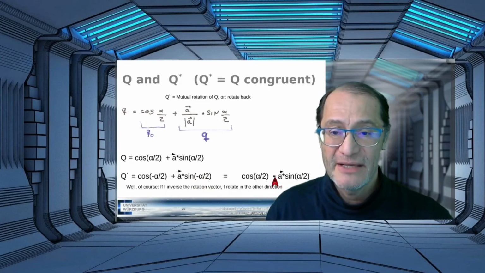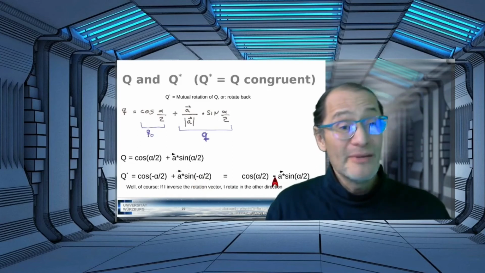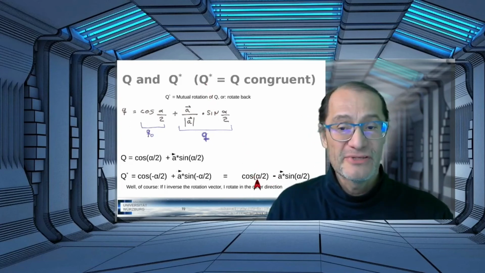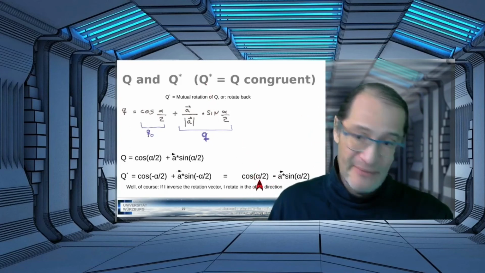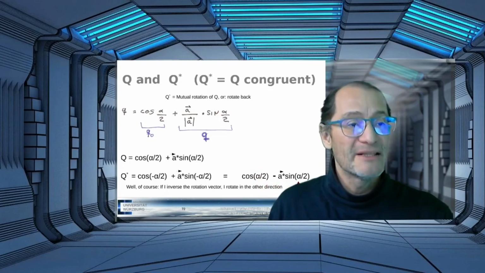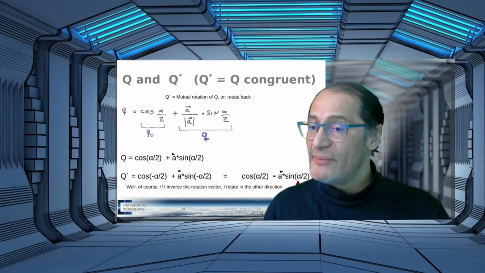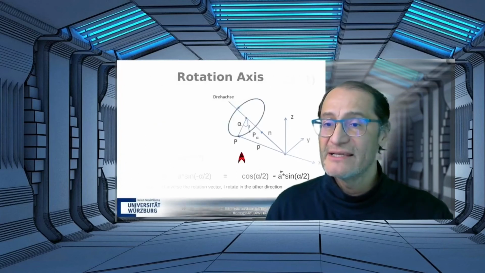And then I have here the sine. So in any way, it will be the same. So the conjugate quaternion will be the cosine of alpha divided by 2 minus my rotation vector multiplied by the sine of alpha divided by 2. Okay, then we already have everything which we need to create this rotation.